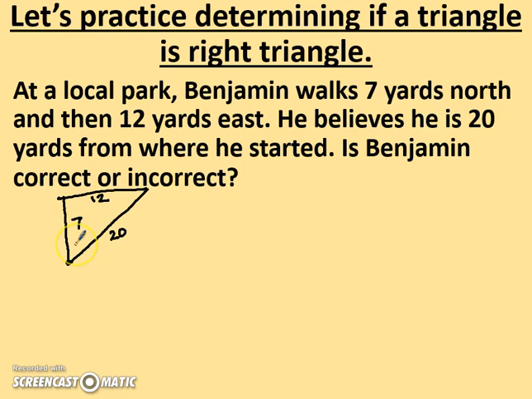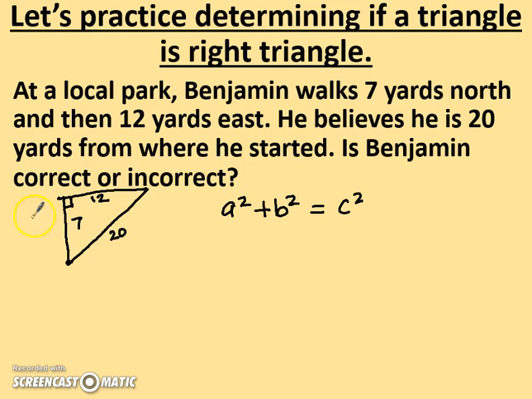Is Benjamin correct or incorrect? So we can see that he walked north and to the east, which creates a right angle. My picture's a little off, but you get the idea. And that creates a right triangle, which proves that we should have a squared and b squared added together to equal c squared if his prediction of 20 yards is correct.